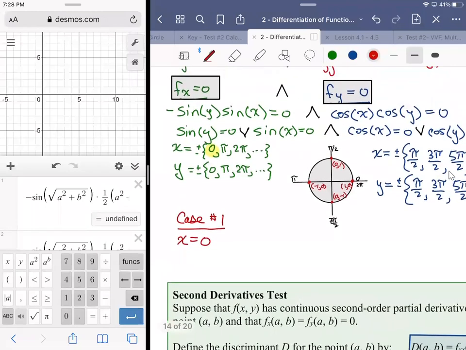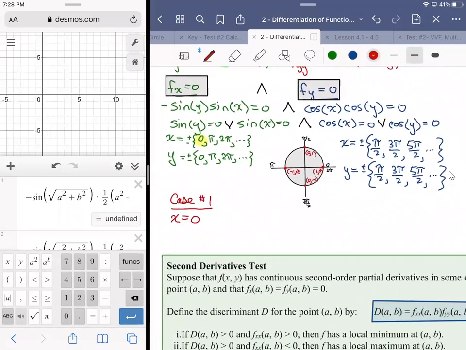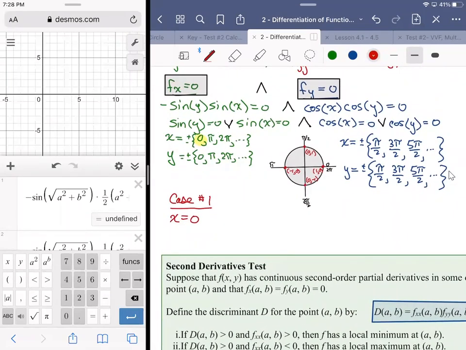So if x is equal to 0, we would have to ask ourselves, okay, what's happening here? Well, it's going to satisfy this part, right? It's going to make my f sub x equal to 0, but it's definitely not going to satisfy the other part, all right? Because there's no way that x can be equal to 0 and cause that entire quadratic there to be equal to 0.